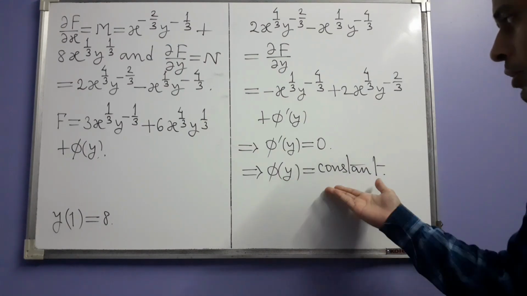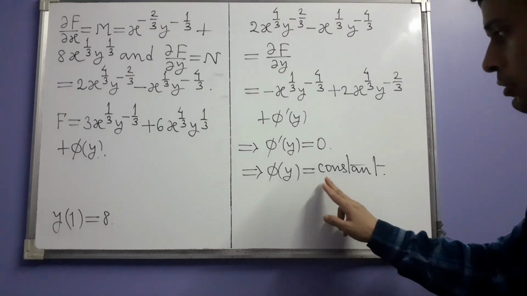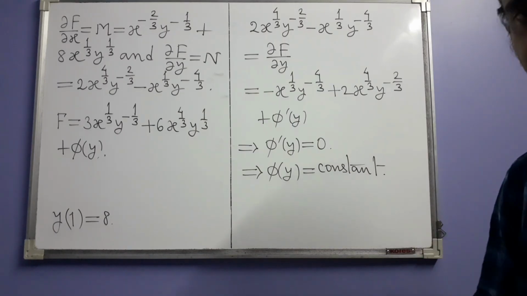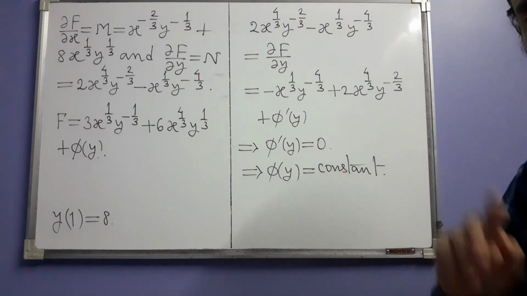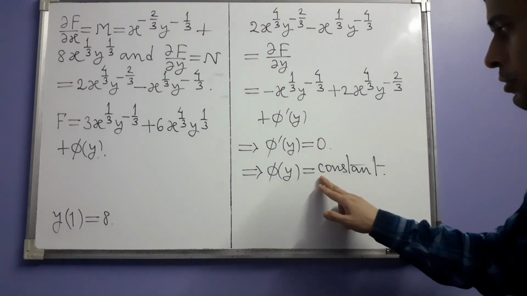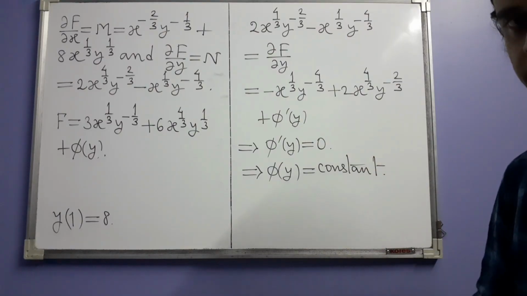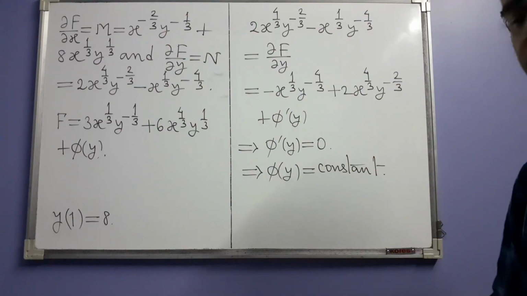And as we always do with this type of situations, we do not write the arbitrary constant here itself, we write it finally in the general solution. So we are going to conveniently take 0 here. Actually you can take any real number, but we are going to conveniently take 0.